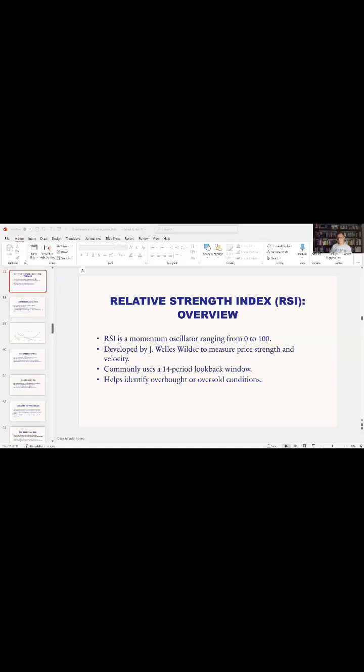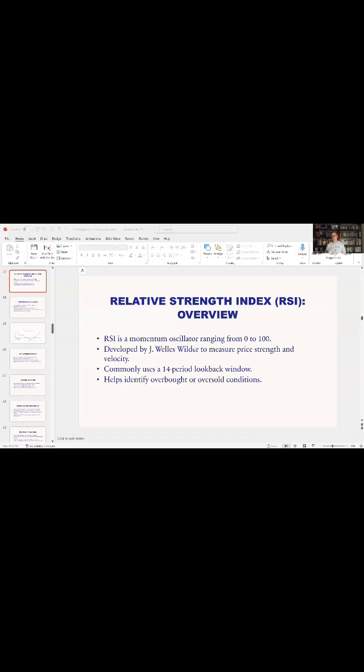If you're looking for something more short term, then use something less than 14 periods of looking back. If you're looking for a longer prediction over time, where you're looking to invest for many days in the future, possibly weeks, months, then you may want to use something that's actually longer than 14.